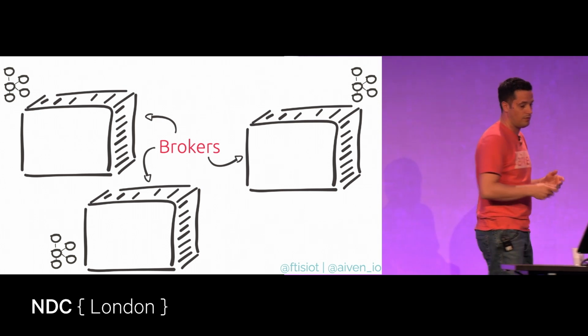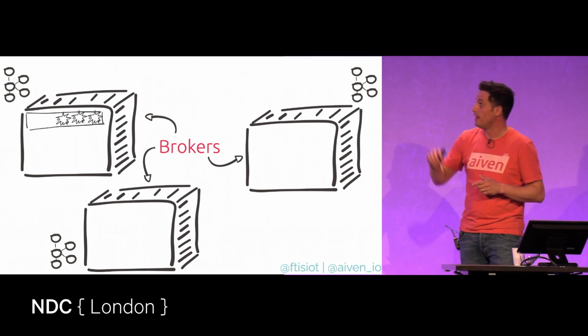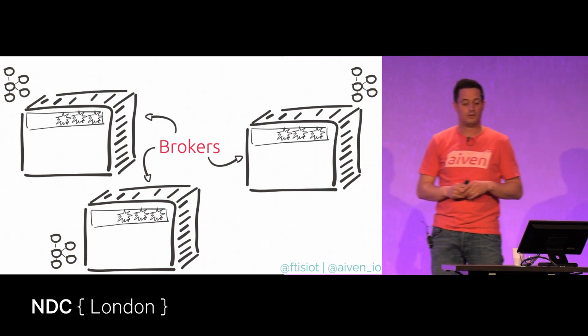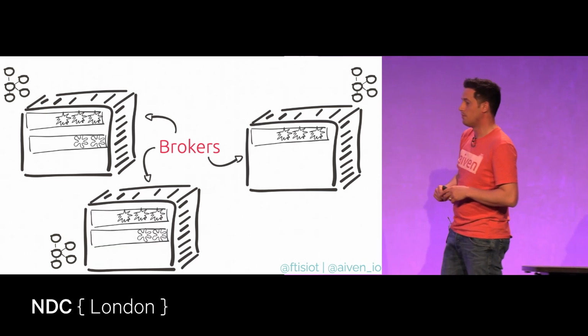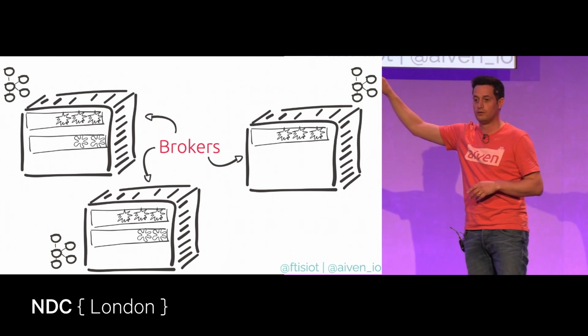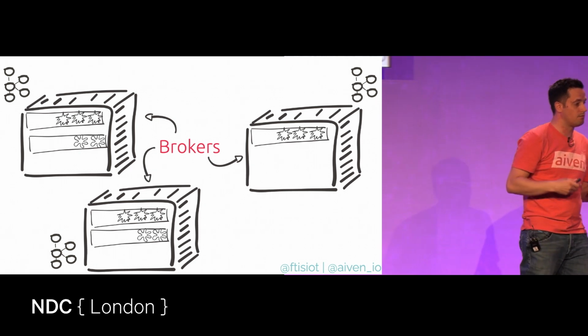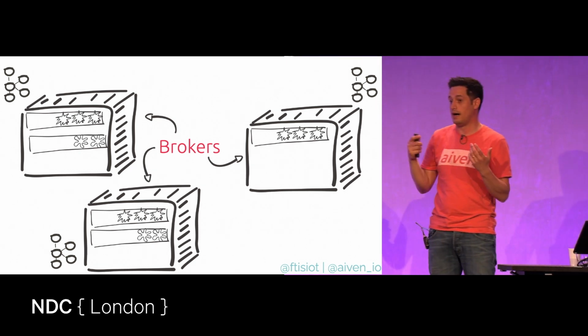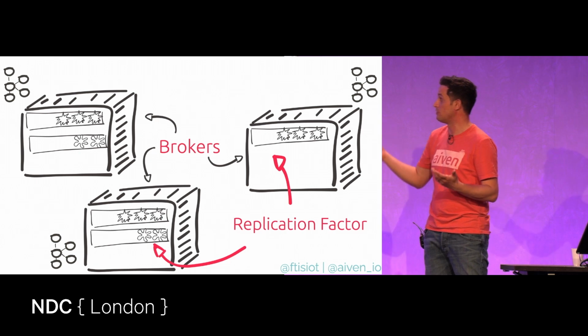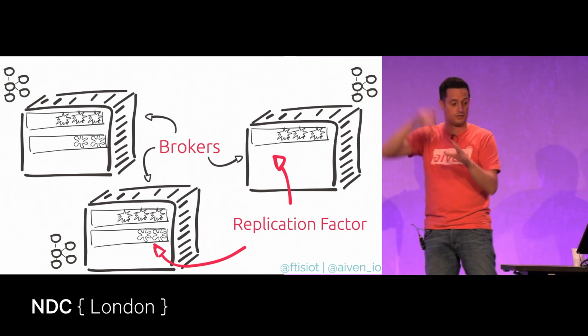And now the log information that we were talking about earlier on is stored across the cluster. But if you notice here, we are not storing the log only once in the cluster. We are storing it more than once, following a parameter that is called replication factor that dictates how many copies of each topic we have across the cluster.